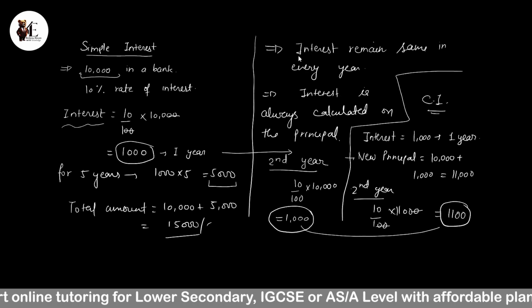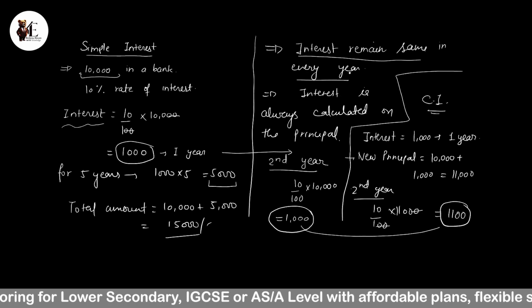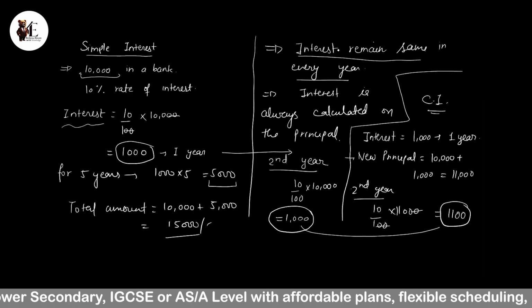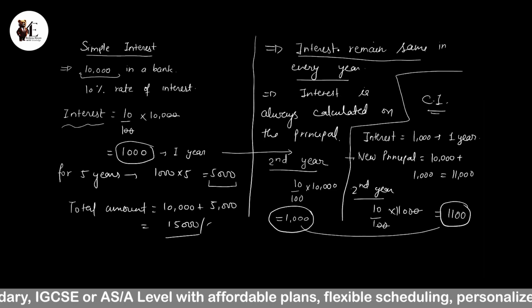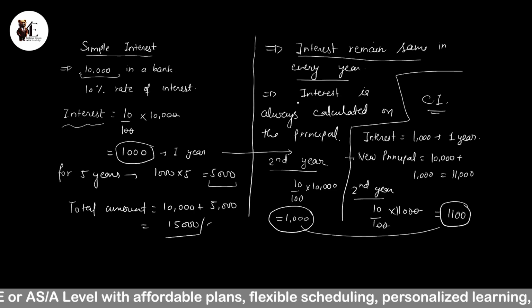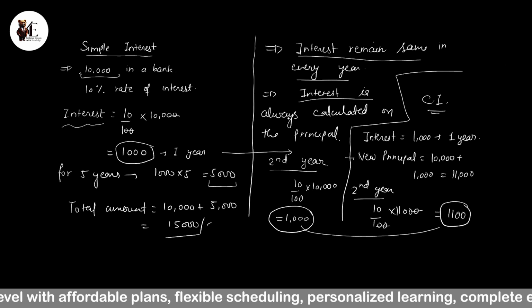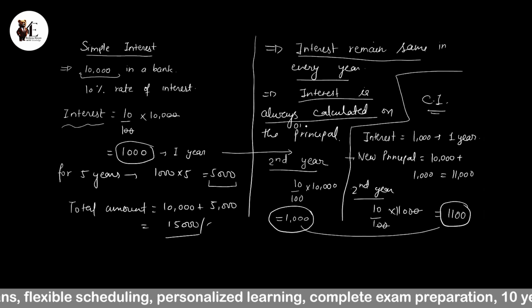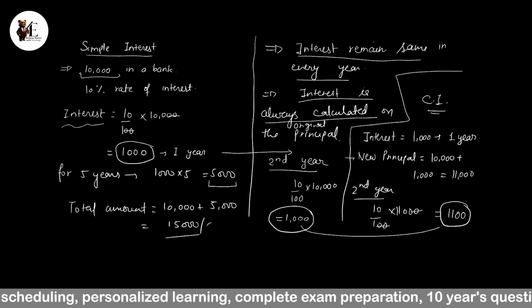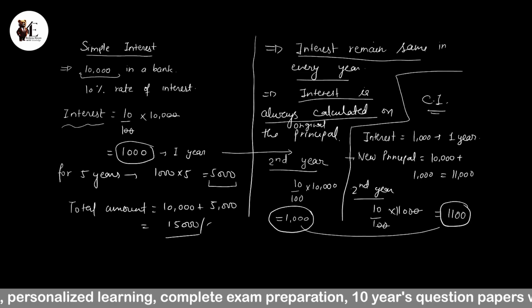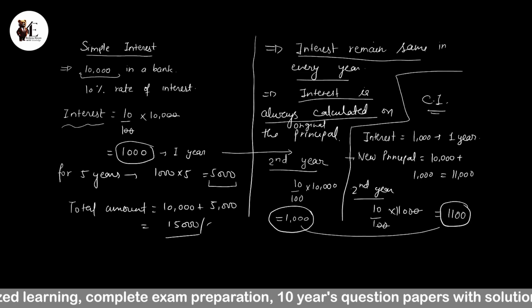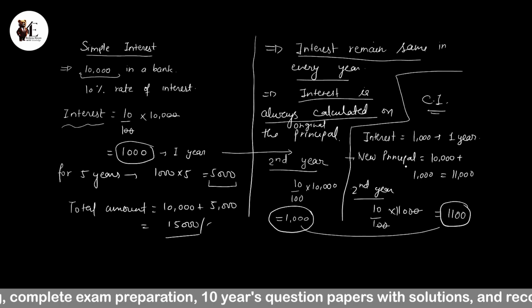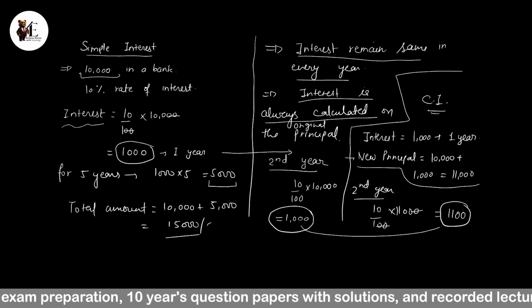The first point was that interest remains the same every year in case of simple interest, but it is not the same for compound interest. For every year, the interest will be different. For simple interest, interest is always calculated on the original principal, but in case of compound interest, the principal value keeps changing because you add previous interest to the principal, like we did for the second year, 11,000.